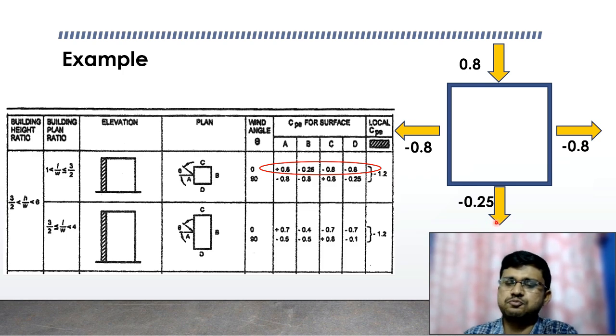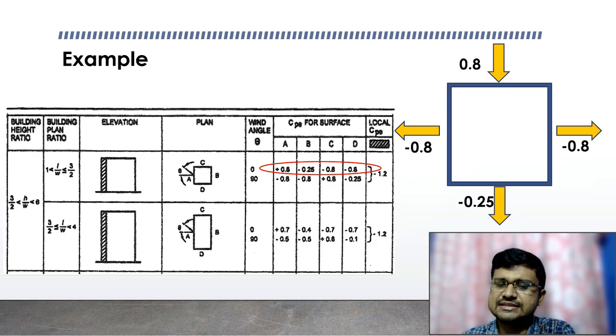Now one thing we have to remember is that these two faces are now side faces. For the previous condition, for 0 degree wind angle, C and D are the symmetric faces. When wind is coming from 0 degree, C and D both are symmetric faces and their Cp value was the same, minus 0.8. But when wind is coming from this particular direction, 90 degree, A and B are symmetric faces and their Cp value will be similar, here minus 0.8.